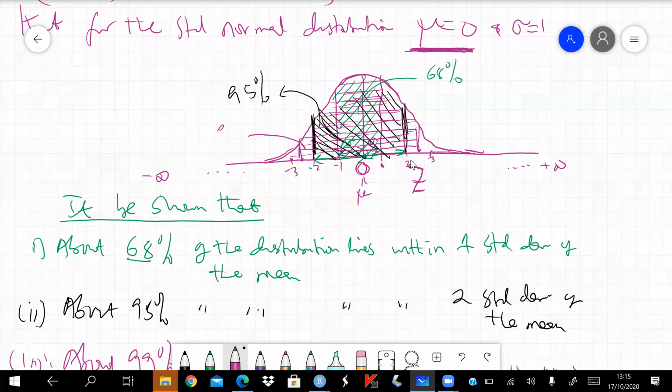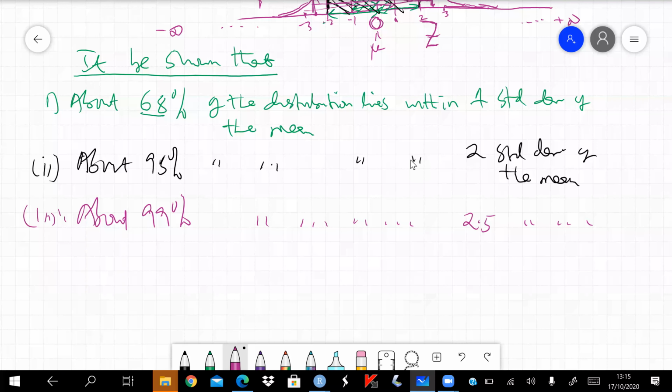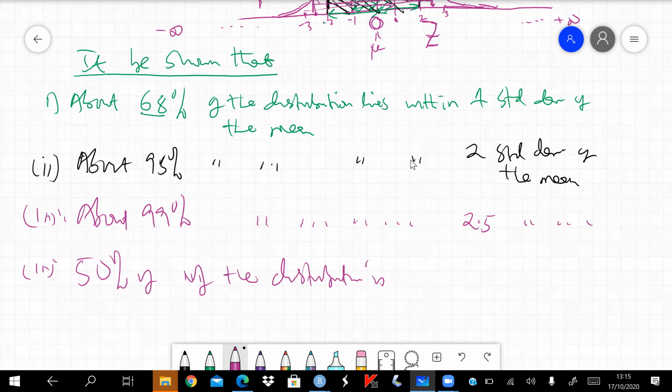So you will notice that again, 50% of the distribution is below the mean, and the remaining 50% is above the mean.